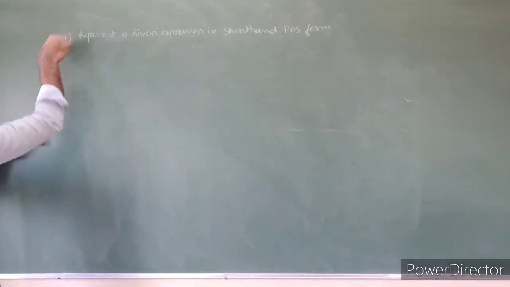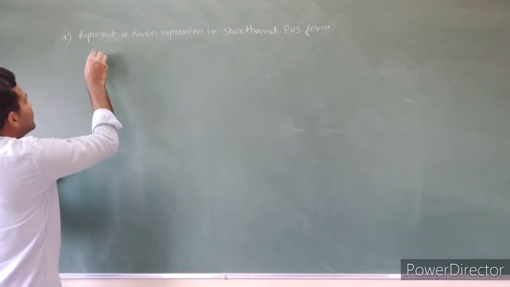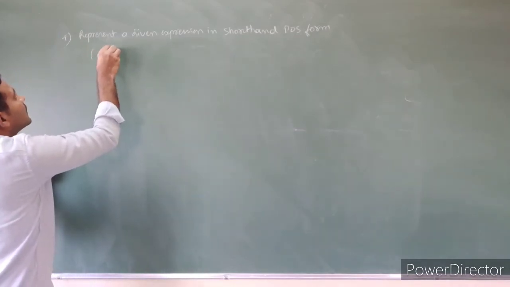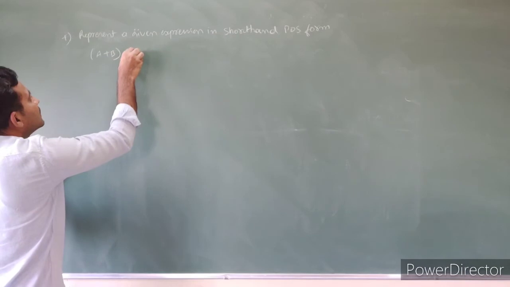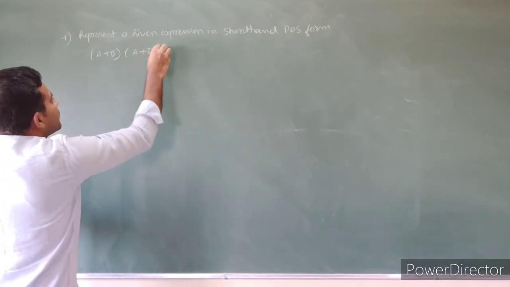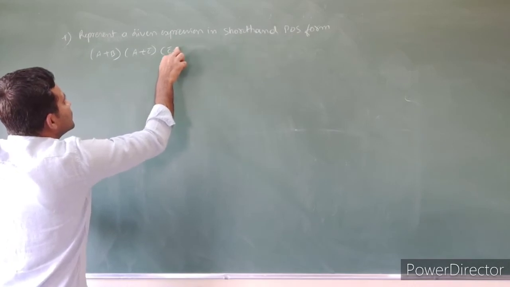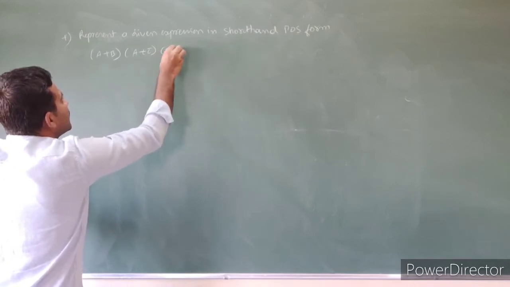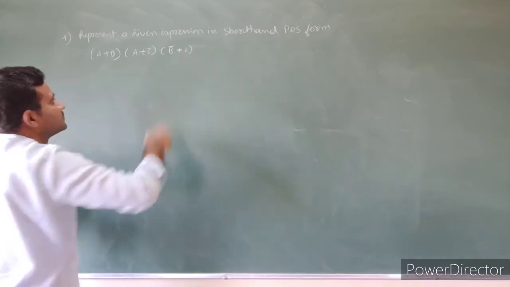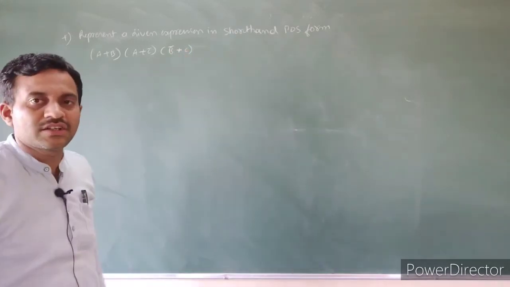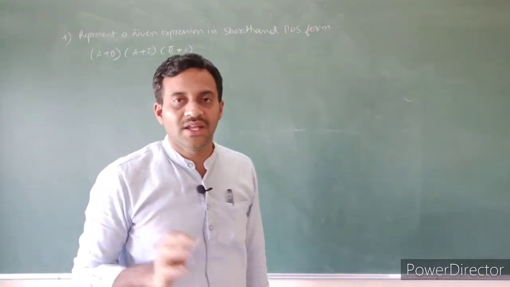So problem number 4. A plus B, A plus C bar, B bar plus C. See here, there are 3 expressions, then 3 literals.